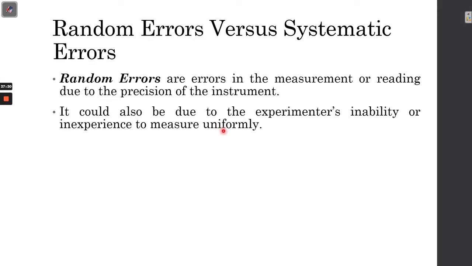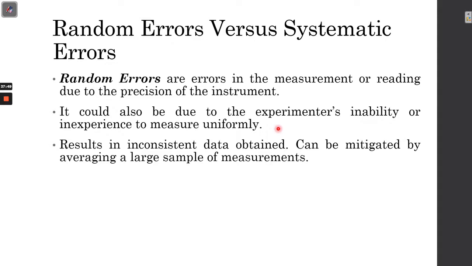So madalas yung experimenter o yung nagko-conduct ng experiment is hindi precise yung pagkuha niya or yung paggamit niya ng tool is hindi tama or paiba-iba. So minsan nagkakaroon ka ng random errors. The result is inconsistent data. So how do we solve for this? It can be mitigated by averaging a large sample of measurements.